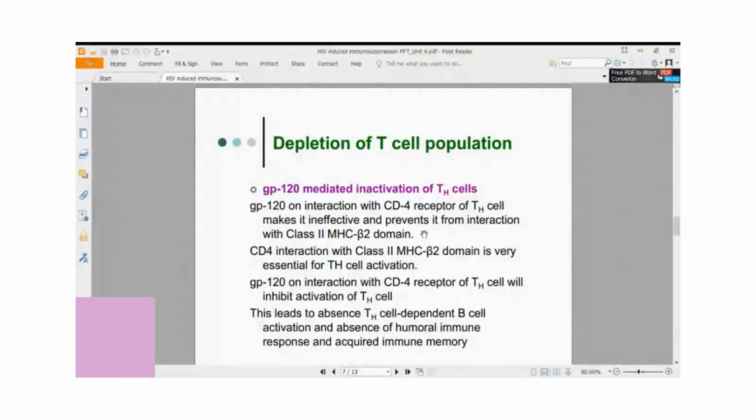Even if it has to get activated by the antigen presentation by class 2 MHC of any HIV antigen, it will be unable to get activated. And those TH cells which remain inactive, because of the inhibition of the CD4 receptor by GP120, become anergic. It is a term used in immunology.